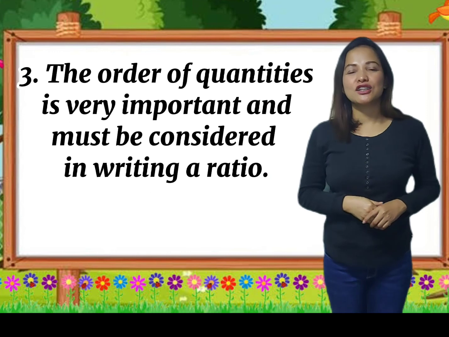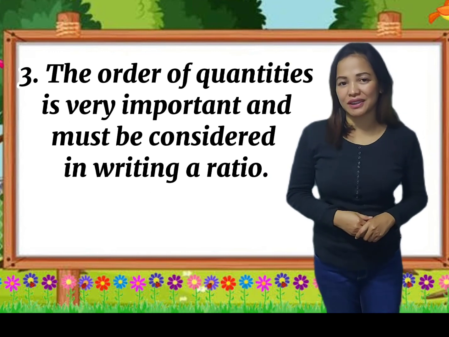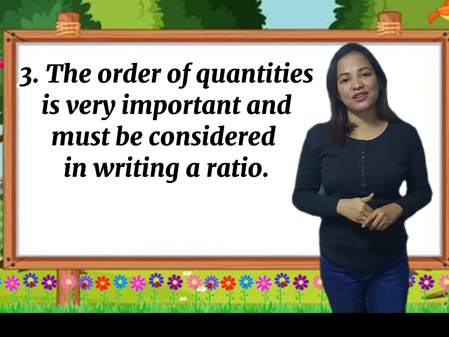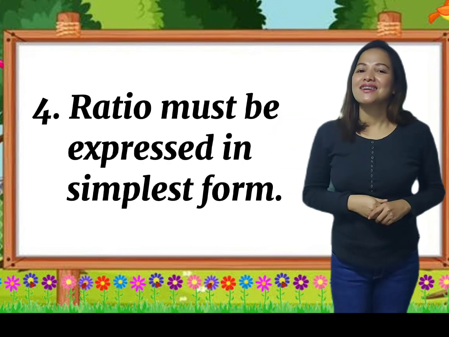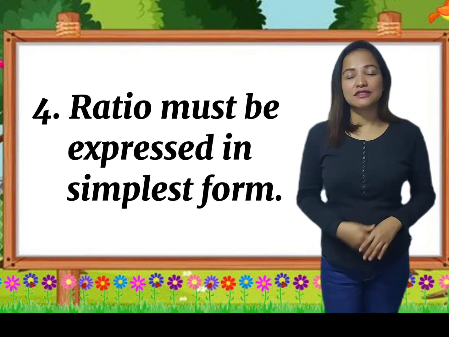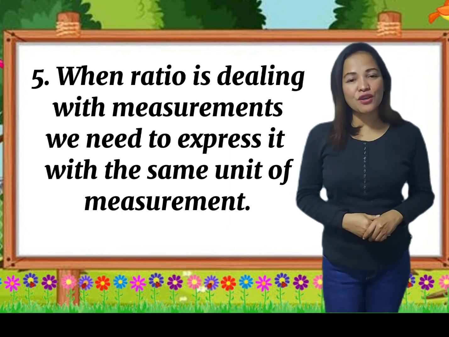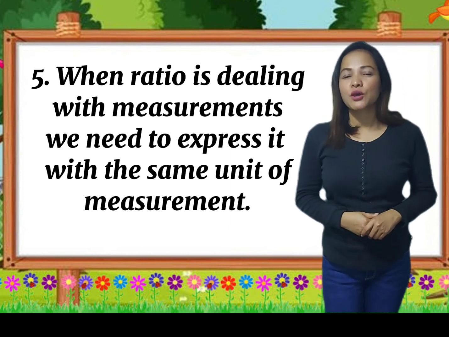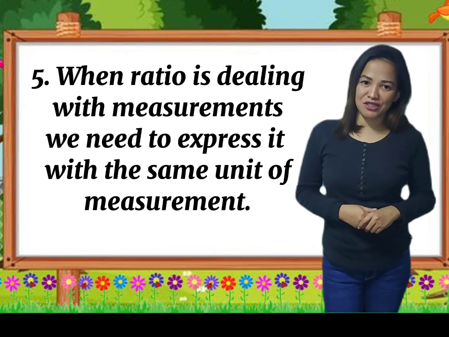Third, the order of quantities is very important and must be considered in writing a ratio. Fourth, ratio must be expressed in simplest form. Fifth, which is the last, when ratio is dealing with measurements, we need to express it with the same unit of measurements. So that's all for our lesson about ratio.